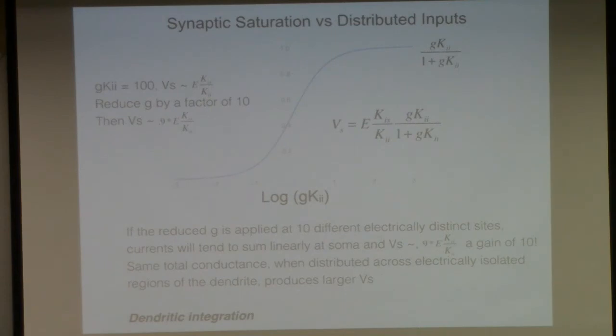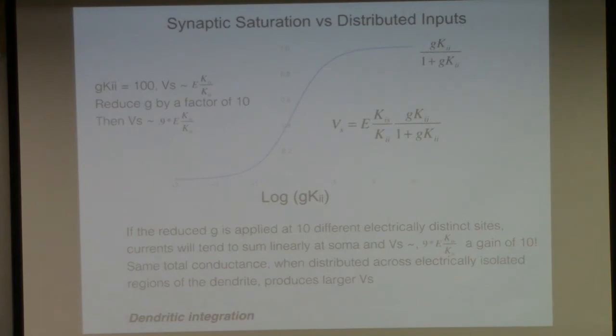But imagine we've got 10 of them, at 10 different locations in the dendritic tree, and they each produce this amount of depolarization at the soma. So the effects are going to combine in a linear way. So at the soma, we now have a maximum potential of 9 times this term.